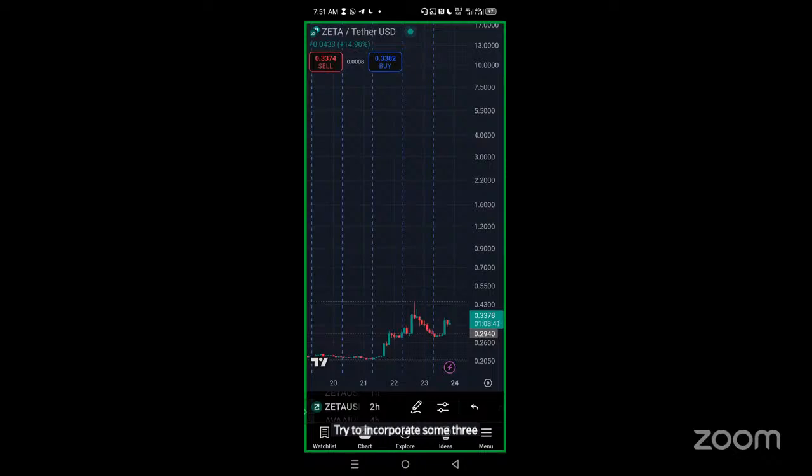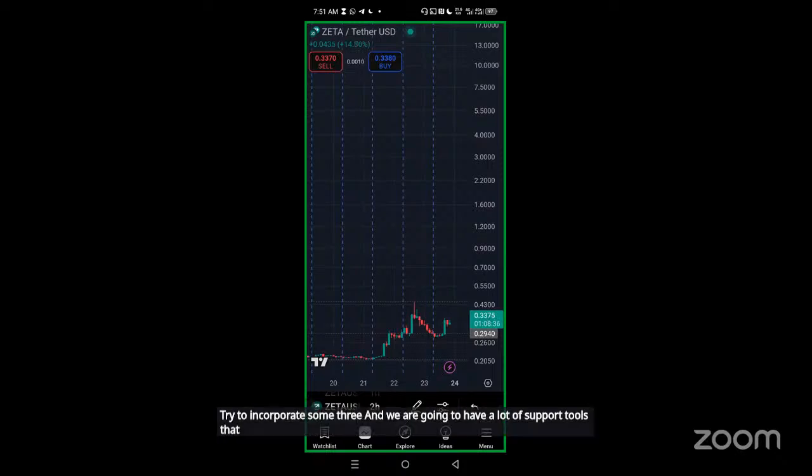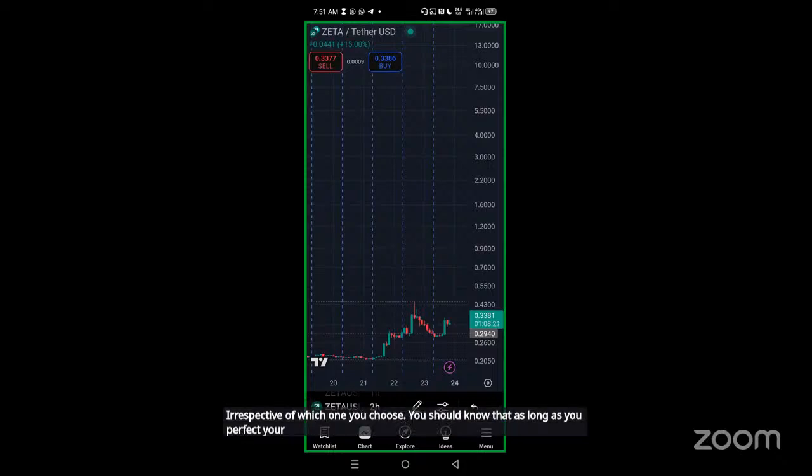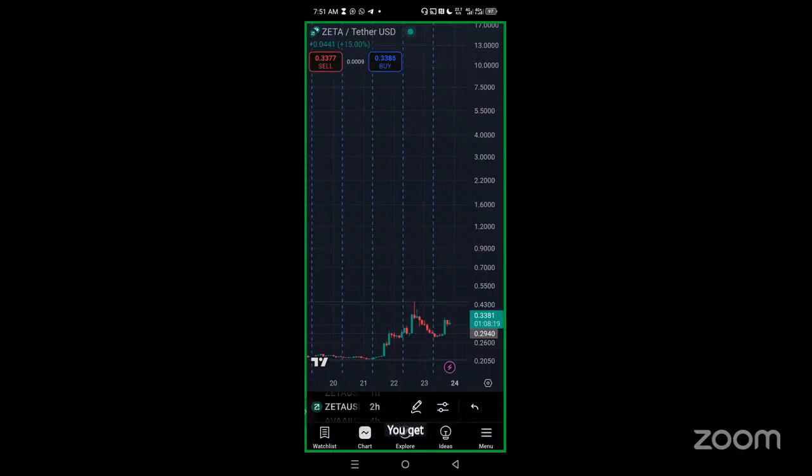We're going to learn about a lot of support tools, but it's up to you to choose which one you feel is convenient for you to use. Irrespective of which one you choose, as long as you perfect your skill in them, get used to them, and make them become part of you, it will always bring out the best of your analysis.